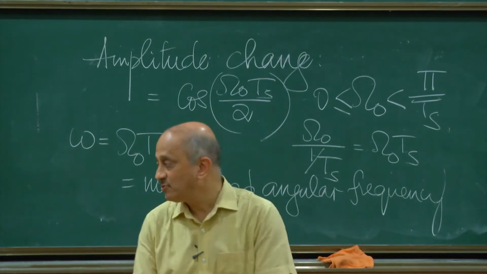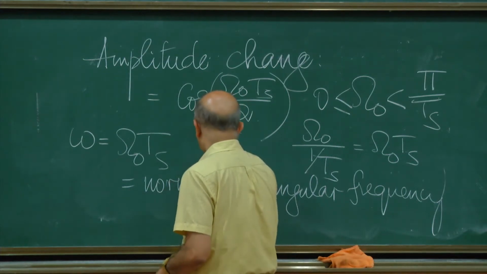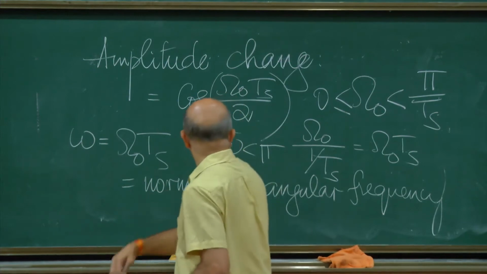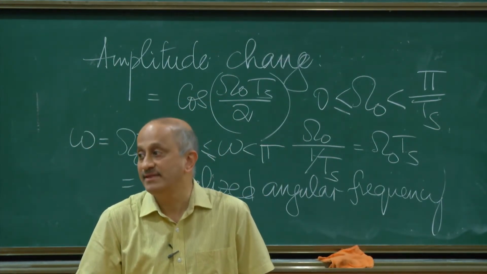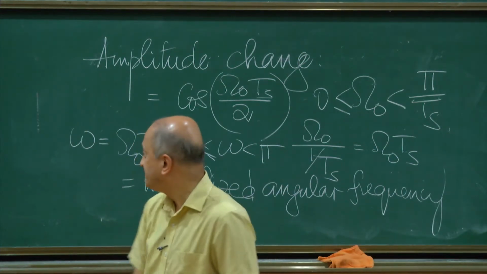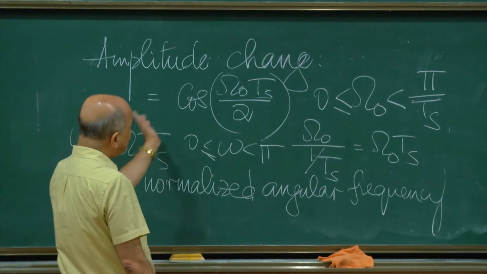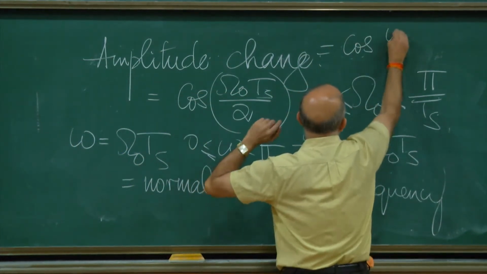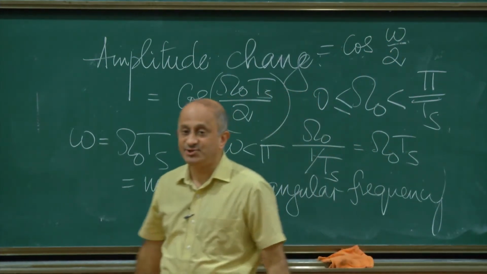So normalized angular frequency can only take values between 0 and pi. So omega must lie between 0 and pi. Is that right? Let us now sketch. So this amplitude change would become cos(omega/2), isn't it?